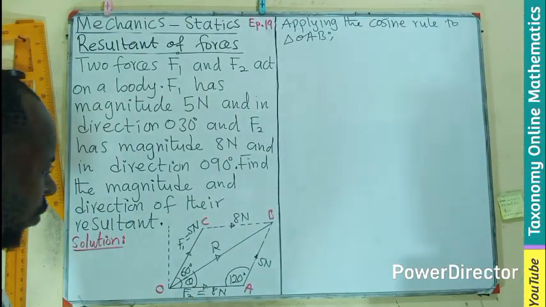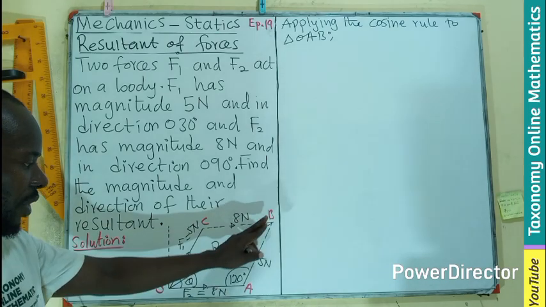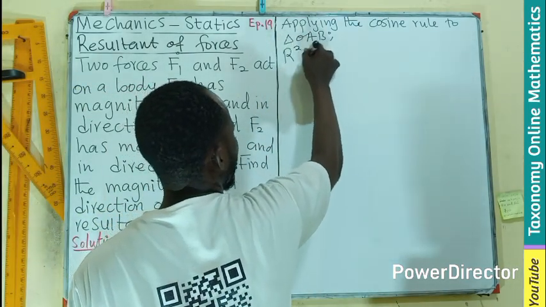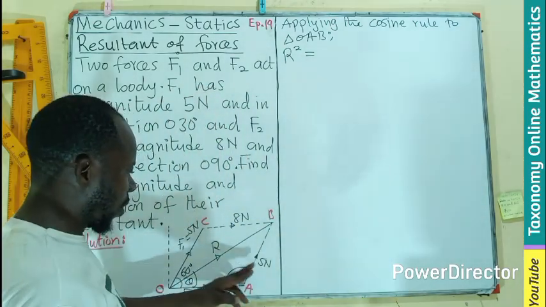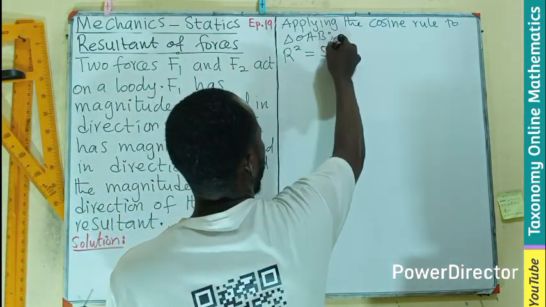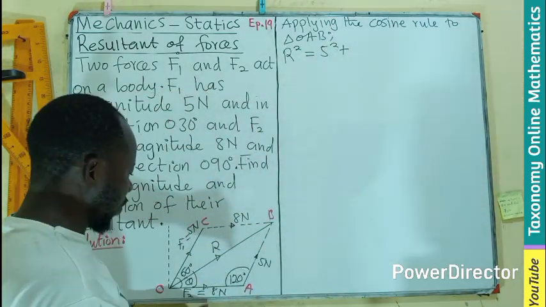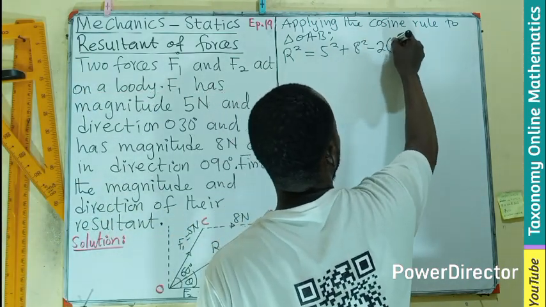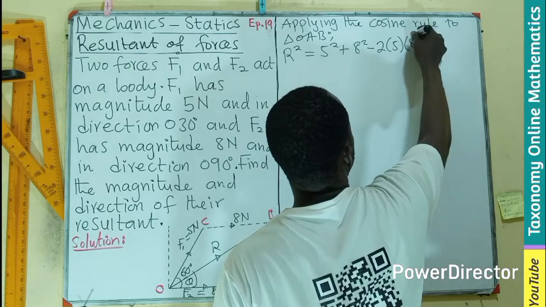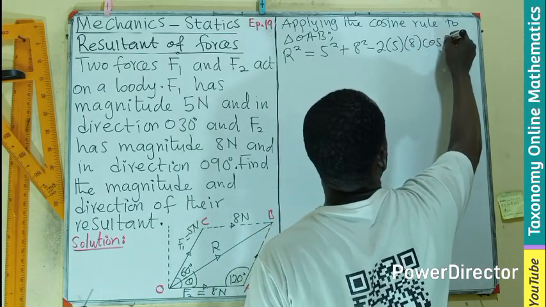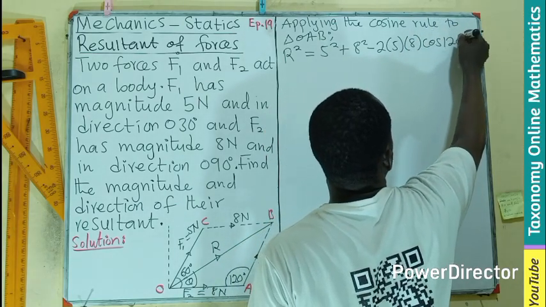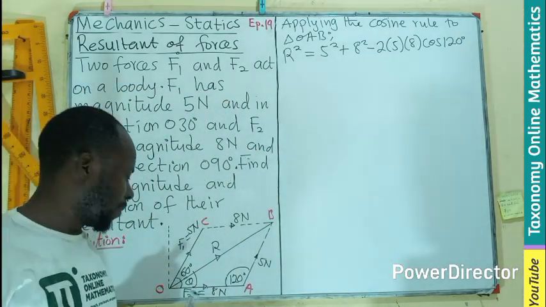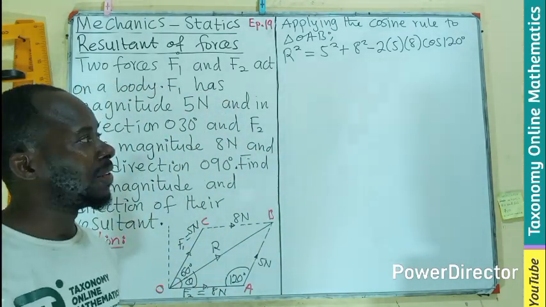If we apply the cosine rule to triangle OAB, we can see that our resultant force R squared will be equal to the first force, in this case 5 squared, plus the second force, 8 squared, minus 2 times first force times second force times cos 120 degrees. That is 180 minus the angle between them, which is theta, 60.